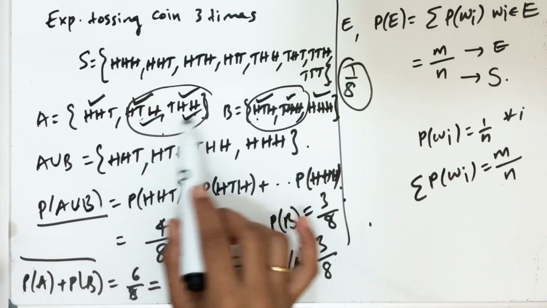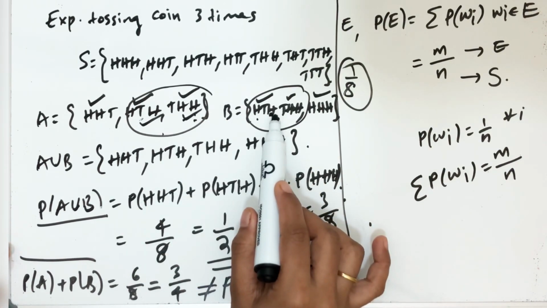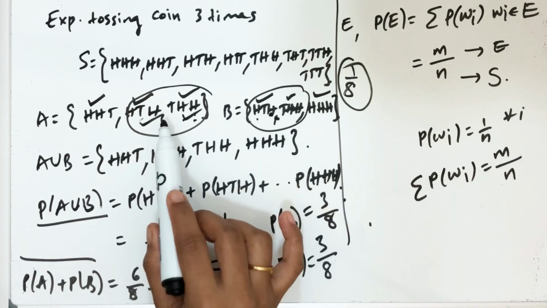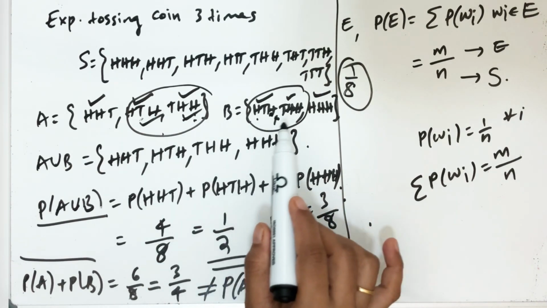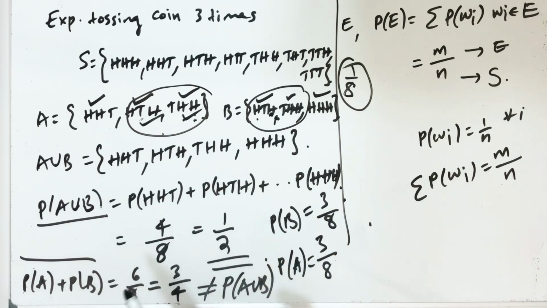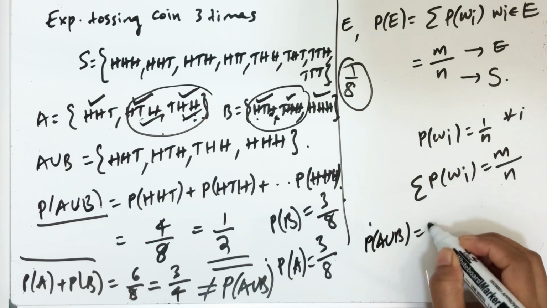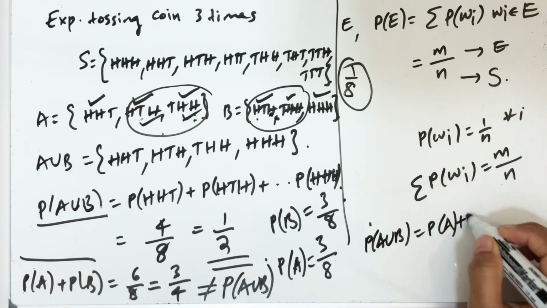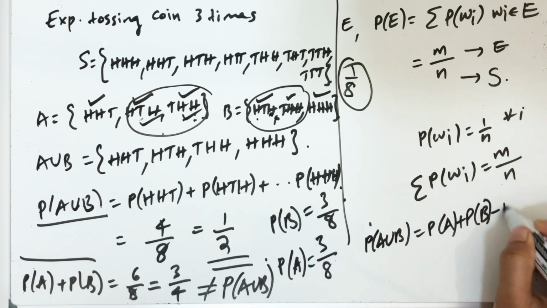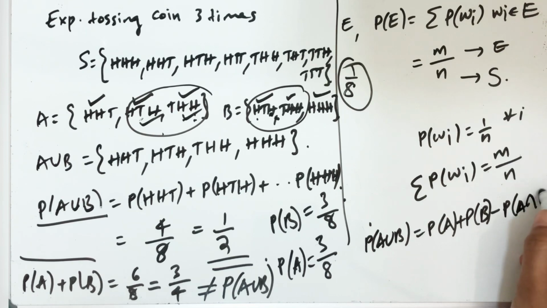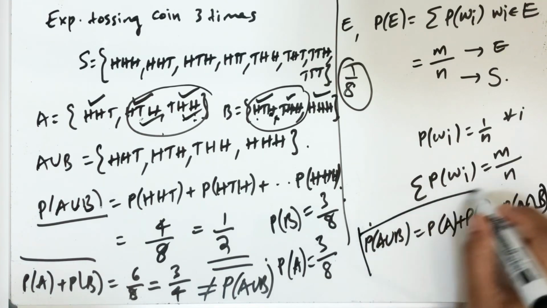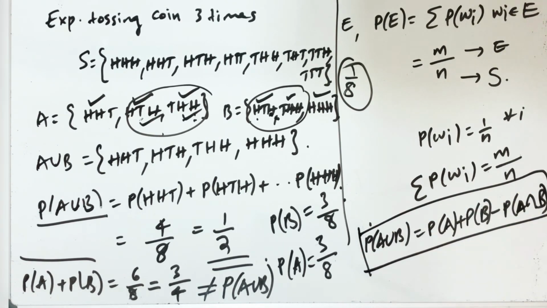This is nothing but A intersection B, elements of A intersection B. So we can subtract the probability of A intersection B from P of A plus P of B to get P of A union B. So we can say P of A union B is equal to P of A plus P of B minus P of A intersection B. So this is the formula to find probability of A union B.